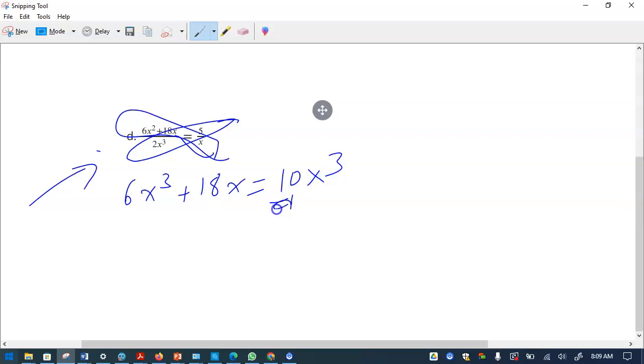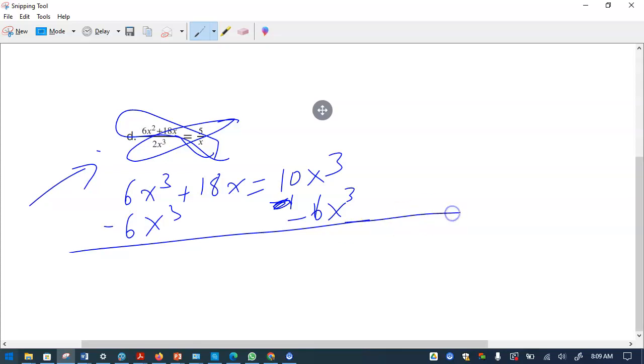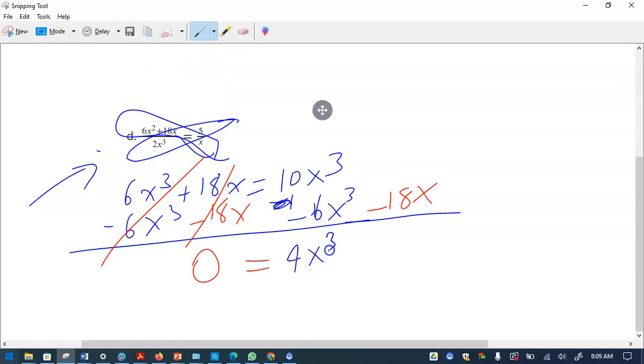Now what I will do is subtract 6x cubed, because 6 is smaller than 10 and we want to avoid the negative. At the same time I will also subtract 18x, so that this whole side is 0. And the right side is 10 minus 6, which is 4x cubed, and minus 18x.